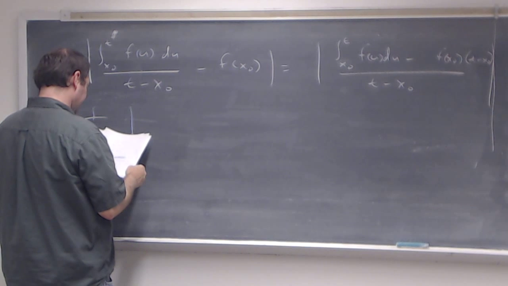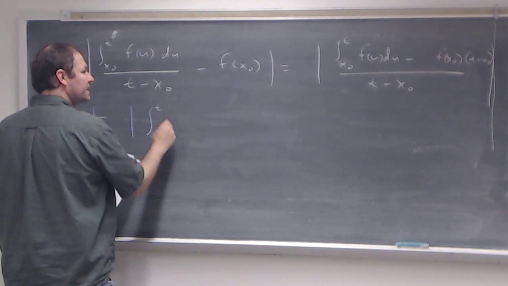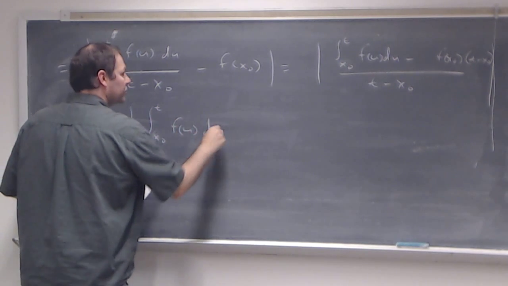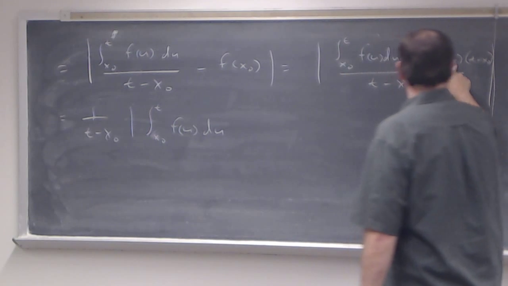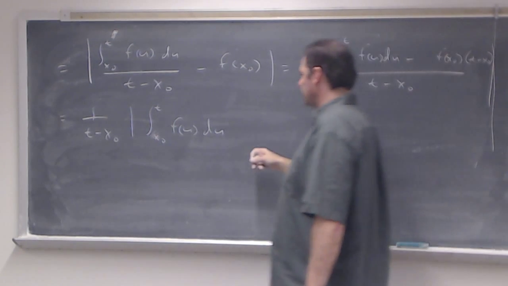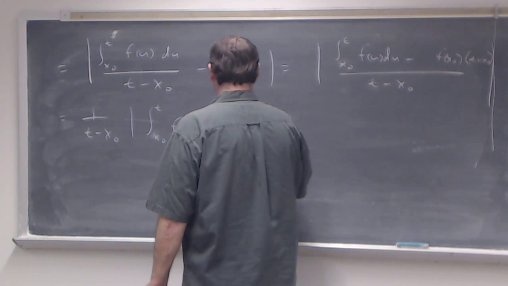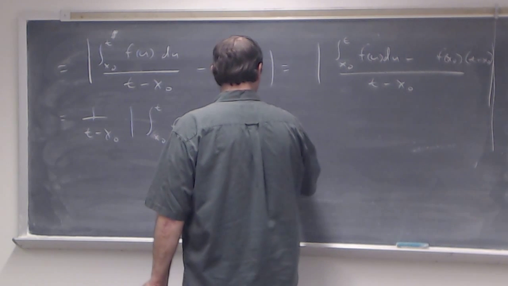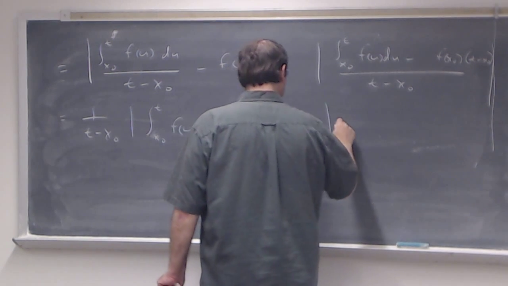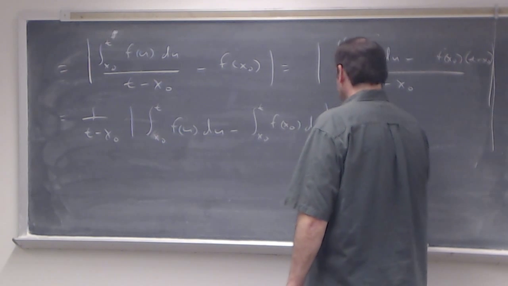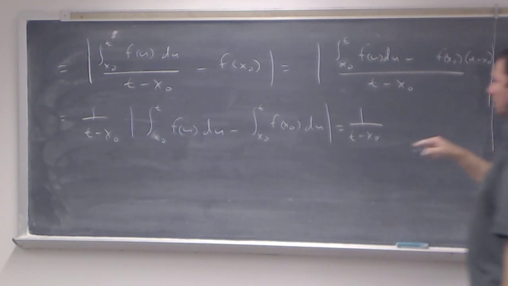And so we have the absolute value here. And I'll rewrite this as the integral from x naught to t of f of u du. And then little f of x naught is a constant. And so, really, this is minus the integral from x naught to t of f of x naught du, which we could rewrite as 1 over t minus x naught, because this integral is equal to this quantity here.